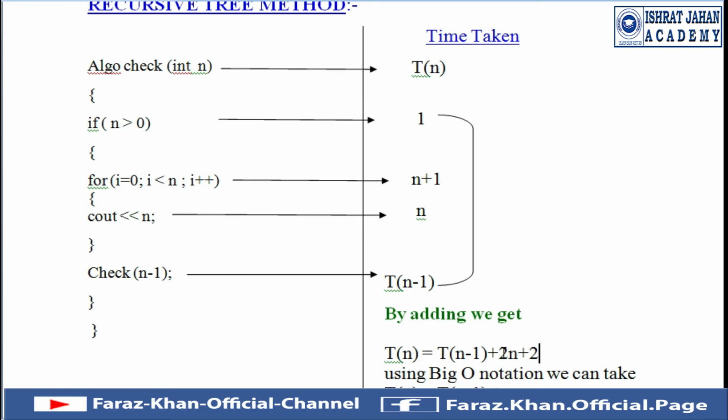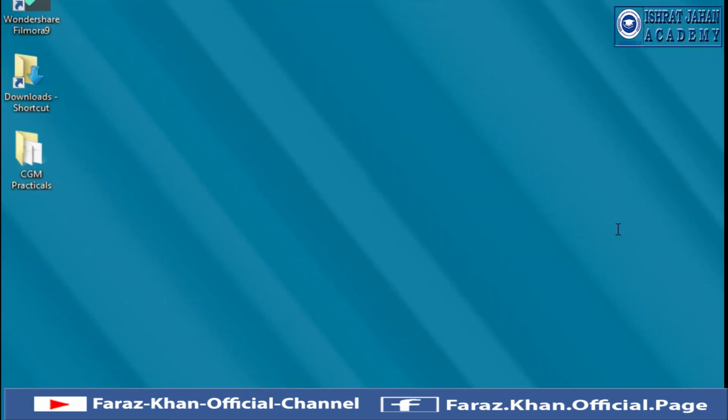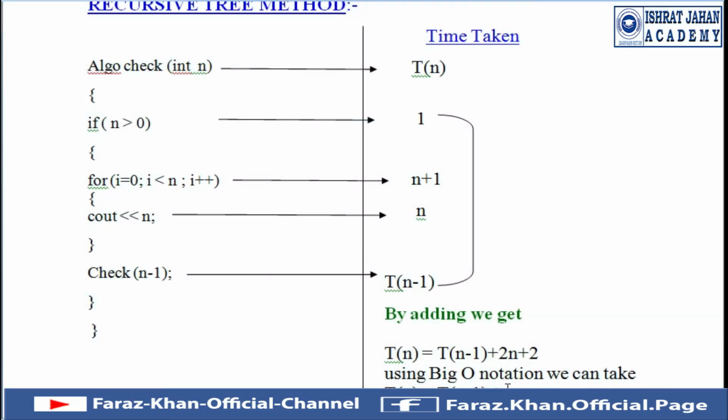So Tn is equal to Tn minus 1. We have written Tn minus 1 as it is. And what about the 2n plus 2? What about the 2n plus 2?